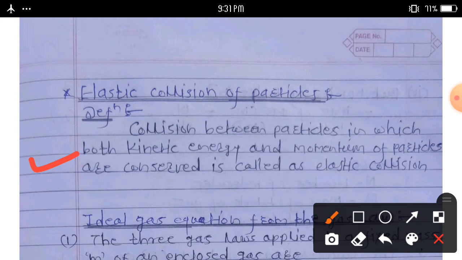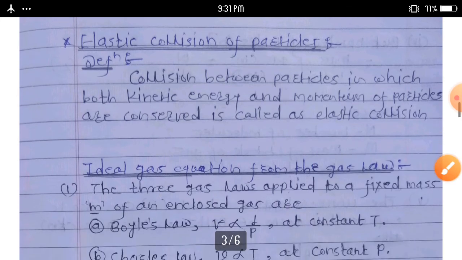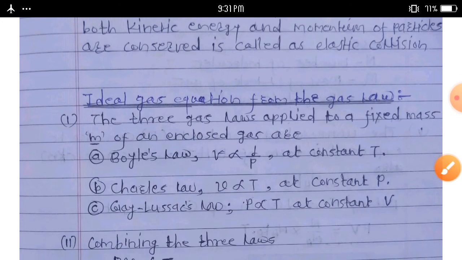And next one, ideal gas equation from the gas laws. We can derive the ideal gas equation from the gas laws. We know that there are three gas laws. First is Boyle's law, next one is Charles' law, and third is Gay-Lussac's law.